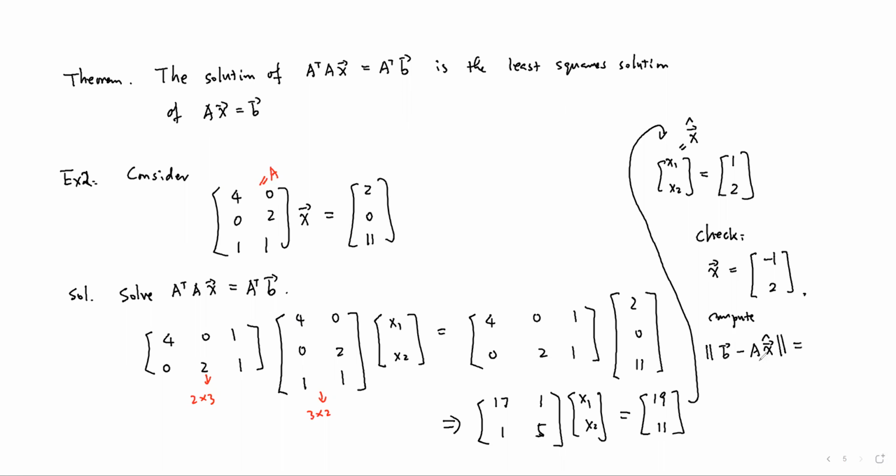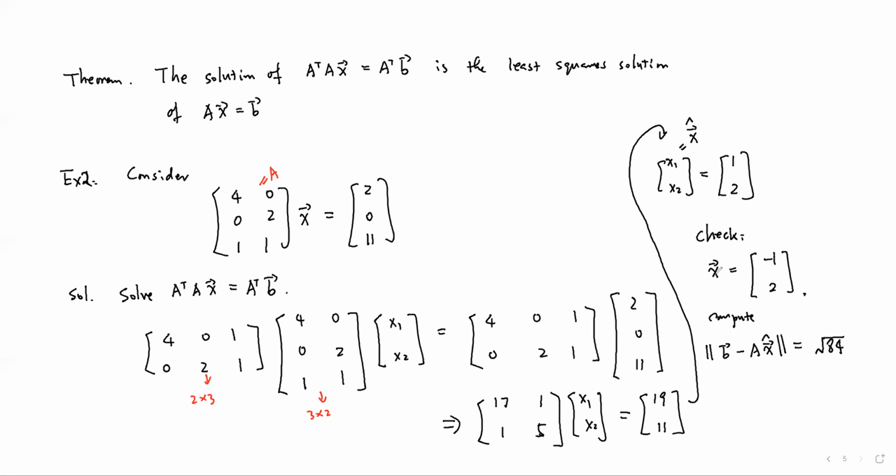Now A times x hat, this vector, then subtract it from B, then take length. The number is square root of 84. Actually, this is the smallest possible distance between left side and right side.